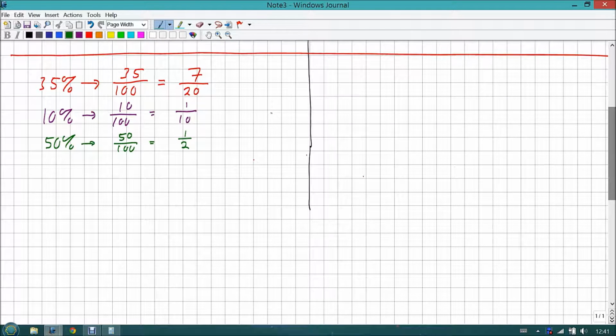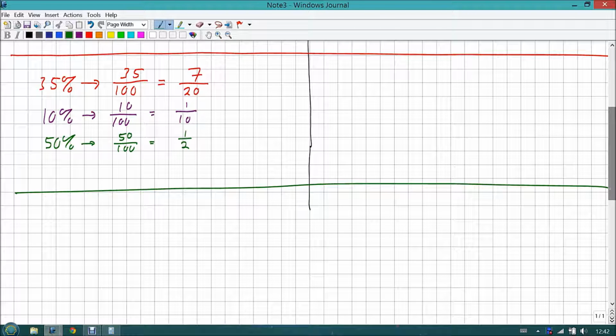So what we really want to do, on top of being able to convert it into fraction mode, is also turn it into decimal mode. For decimal mode, it's actually even easier. It's just crazy easy to do percents into decimals. Let's say we have 20% and we want to turn that into a decimal.